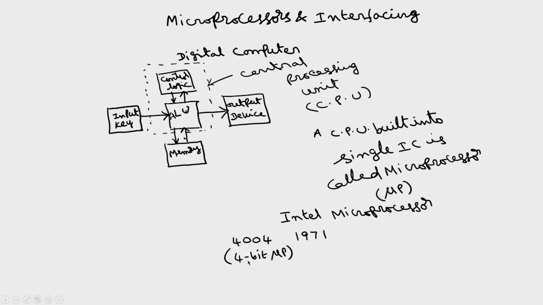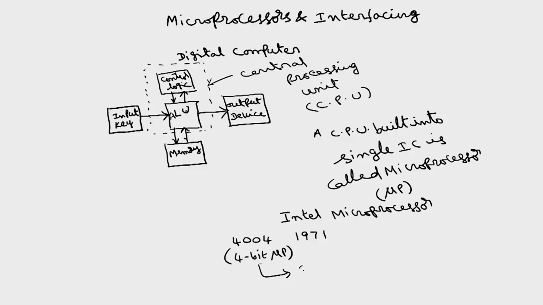What is the meaning of 4-bit, 8-bit, 16-bit, 32-bit microprocessor? This basically decides the size of the ALU. The 4-bit implies the size of the ALU. That is, if you want to perform addition of two 4-bit numbers, we can perform it in a single clock cycle using this 4004. If you want to perform addition of two 8-bit numbers, it requires 2 clock cycles and so on.